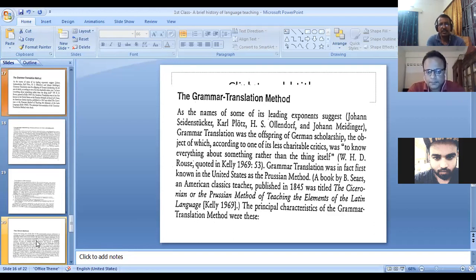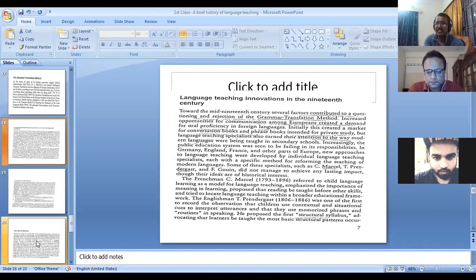But gradually, through other fields, we see that the grammar translation method was found to have some fault as a language learning approach. Actually, linguists observed that the grammar translation method seeks grammatical accuracy.